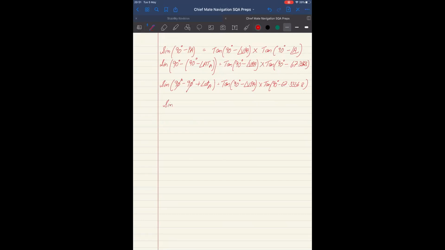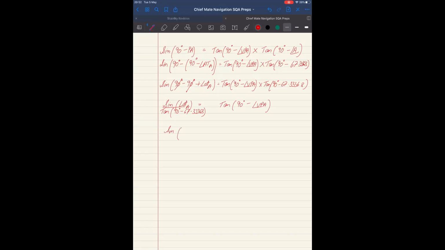So I would write it as sine of lat A equals, now this entire bit will come down in the denominator, so which is tan of 90 degrees minus 67.33368, which will equal tan of 90 degrees minus angle VPA.